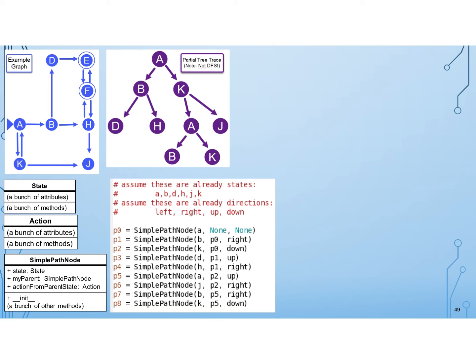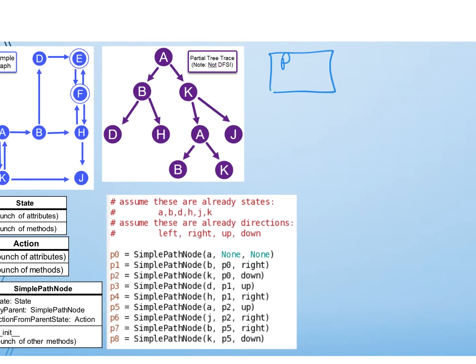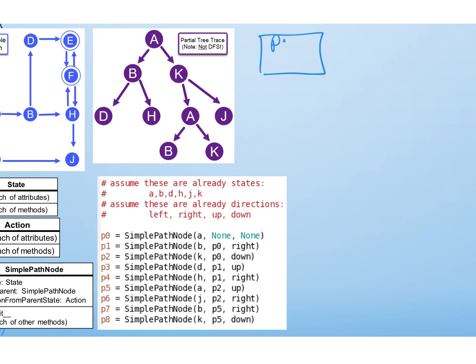So let's suppose that we say, all right, look, I can't really write this so small, I need room. P0, all of these that I'm going to be drawing is something of type simple path node. That's what that's supposed to say, SPN. It has three variables, right? If you look down here, you can see our simple path node.